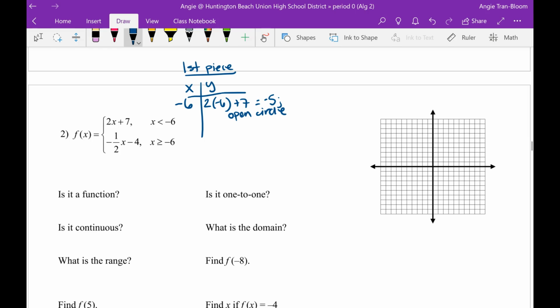Then I normally use 3 just so that I can have a nice straight line. Okay. So, give me your next input. Of course, -7 sounds great. Okay. So let's plug it in. 2 times -7 plus 7 equals... 2 times -7 is what? -14 plus 7? -7, okay.